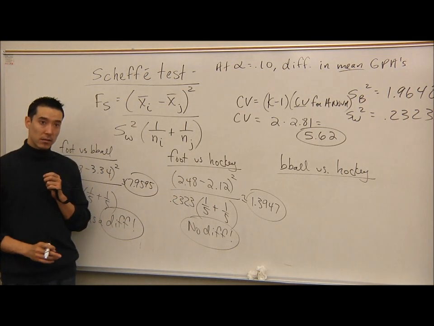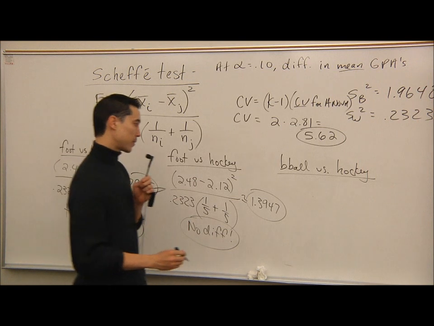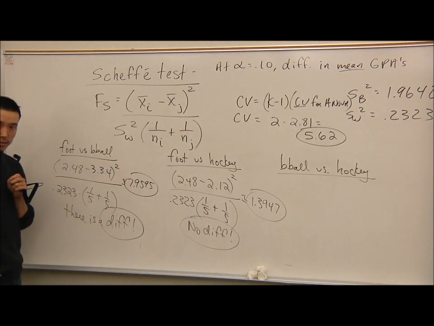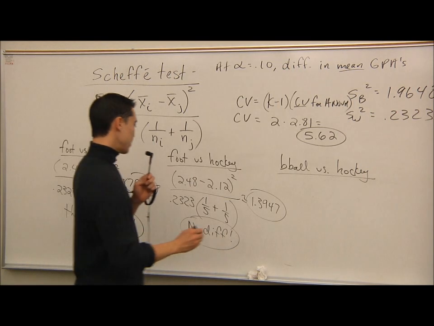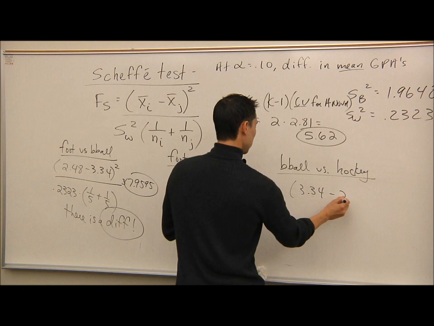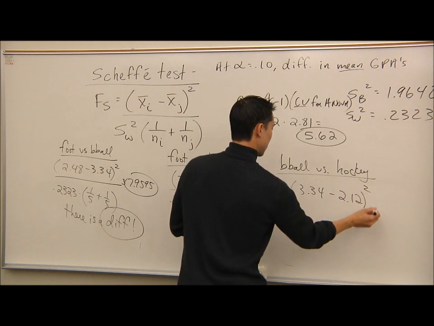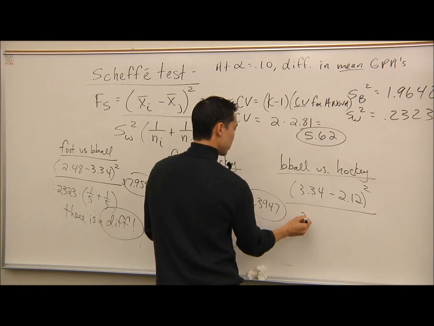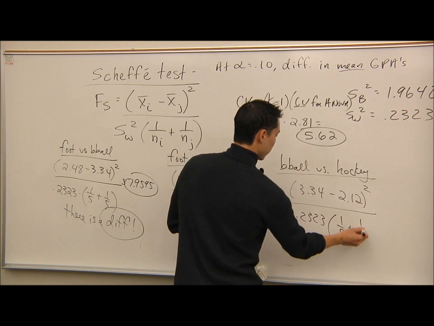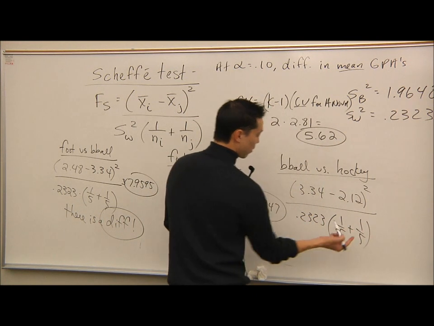And now the last thing to look at is basketball versus hockey. If that number is in the rejection zone, then there is a difference. All right, moving to basketball, 3.34 minus hockey, 2.12, quantity squared. The SW squared is 0.2323. And it's again 1/5 plus 1/5, only because they all had 5.